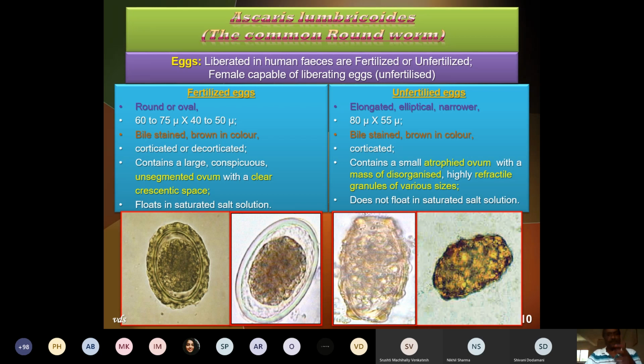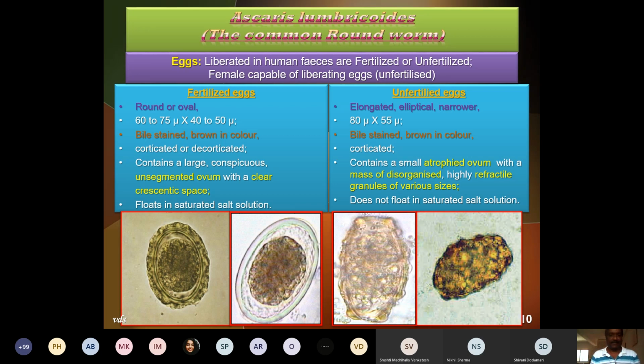Okay, so that is the important feature, or important differential character, of fertilized and unfertilized eggs of Ascaris. Both of them may be corticated or decorticated. Usually, the unfertilized eggs are never decorticated because the outer layer remains as such. So these are the important differential characters of the fertilized and unfertilized egg of Ascaris.